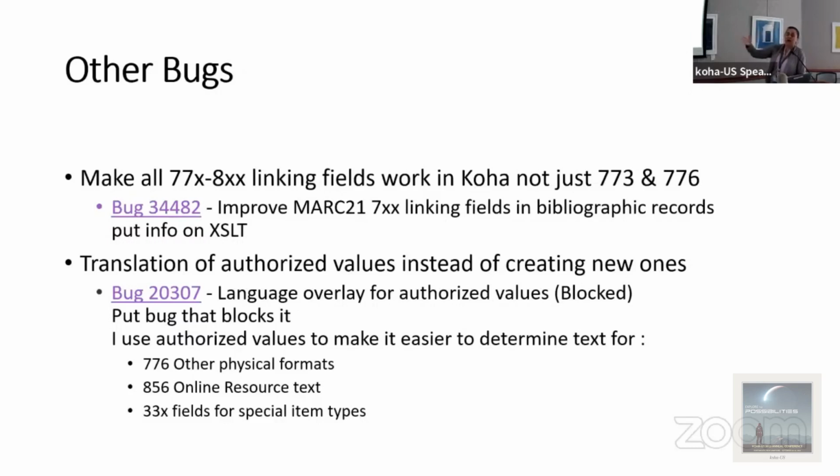So it would be nice, for my authorized framework that I have for physical format that says for DVD version, for print version, for online version, to make it easy and standardized for all my libraries, if there was a way to translate that. And I don't know why, but currently it's blocked because of another bug.